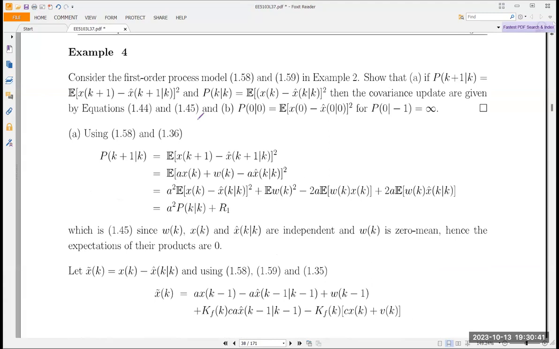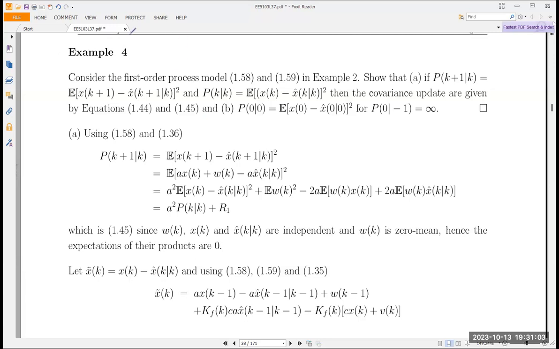Example 4 is the last example that I'm going to do for tonight, but this is heavy maths. You just follow the next 4 pages of heavy maths. Simple, but very untidy. That's all.